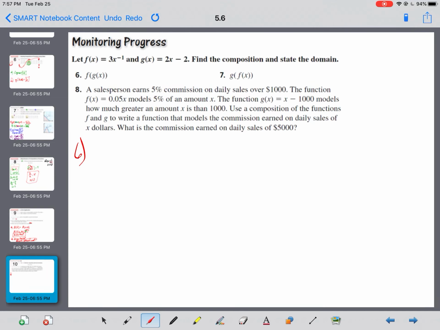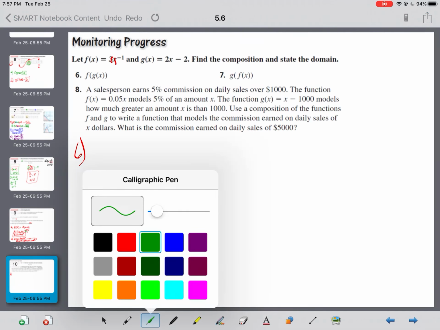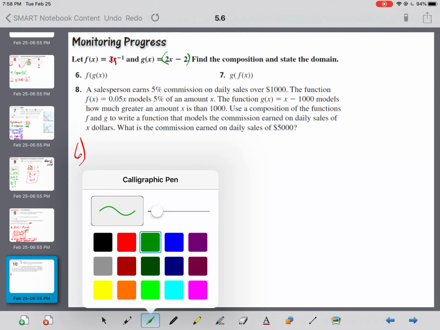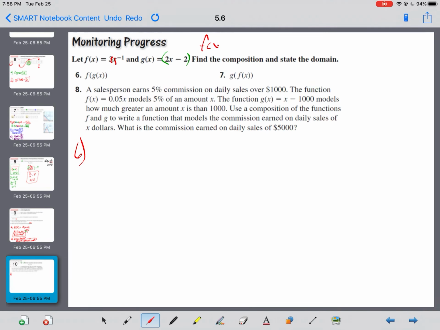All right, let's look at number 6. F of g of x. Find the composition, state the domain. There's my x. And so that's all of g that I'm going to plug in there. F of x, more properly related, is 3 over x. So x can't be 0 if you have just plain.